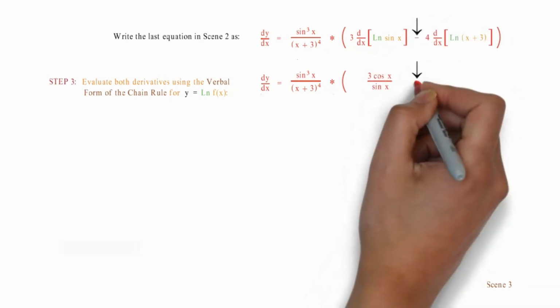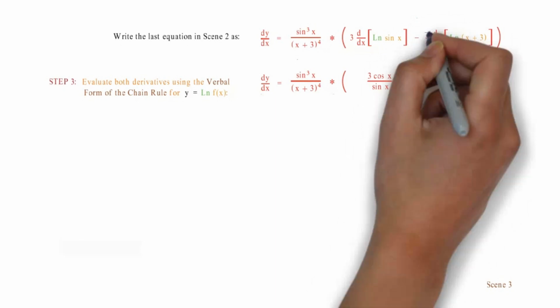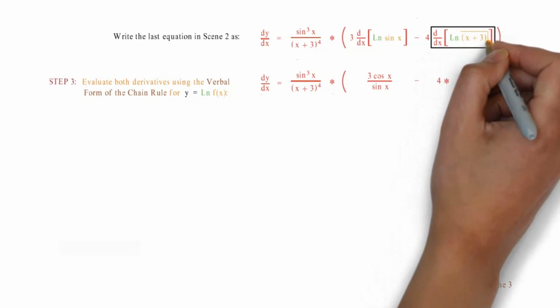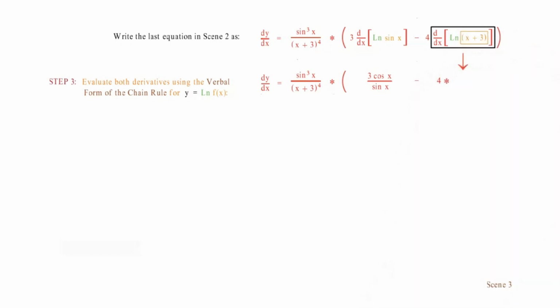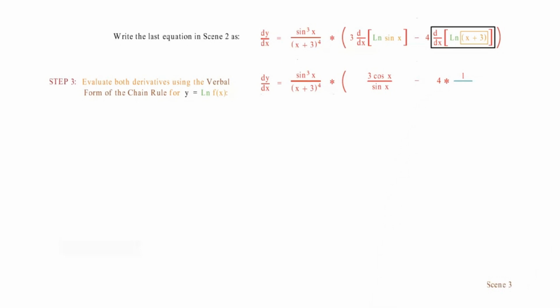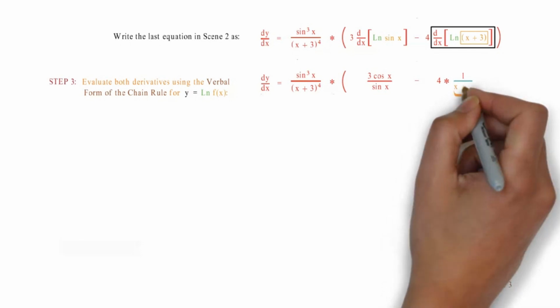Minus is minus. Bring 4 down as 4 times. This derivative equals the derivative of the argument of ln, which is the derivative of x plus 3, which is 1, divided by the argument of ln, as before, x plus 3.